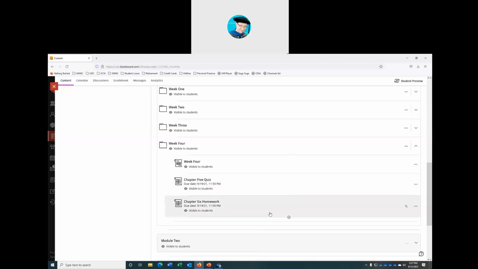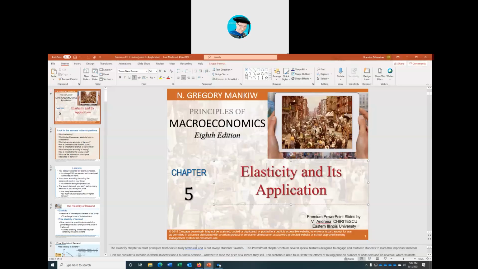For chapter 6, you'll have chapter 6 homework, both of which are due, of course, Sunday night. So do your best to mind the due dates, because when we approach the middle of the semester, you'll have your midterm exam, and that'll cover everything that we're covering through weeks 1 through 6, I believe it is.